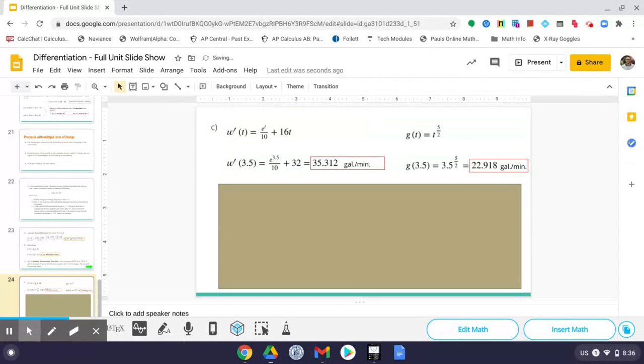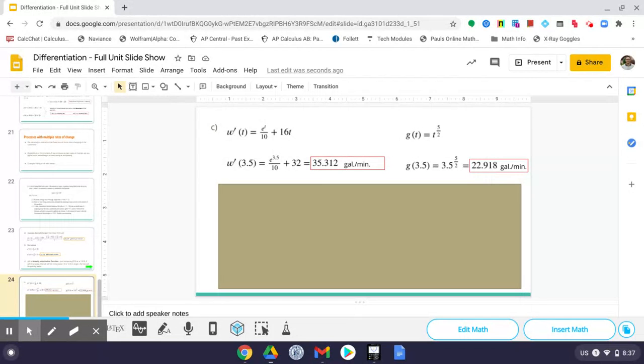If I use my two functions, w prime of t and g of t, and plug in 3.5 to both, I get a rate of change for both pieces. Again, you can see that using your calculator. What I notice is that w prime of 3.5 is 35.312 gallons per minute, and g of 3.5 is 22.918 gallons per minute. Pretty obvious here that w prime is larger than g in this specific case.